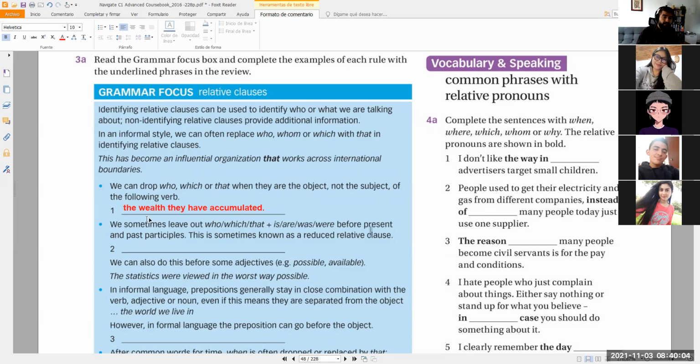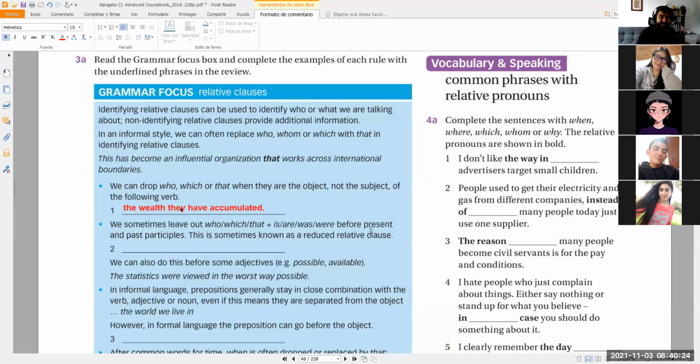So they have accumulated wealth. As we are reporting this in a completely different order, in this case wealth is an object. So as this is the object of the sentence, we can eliminate that.